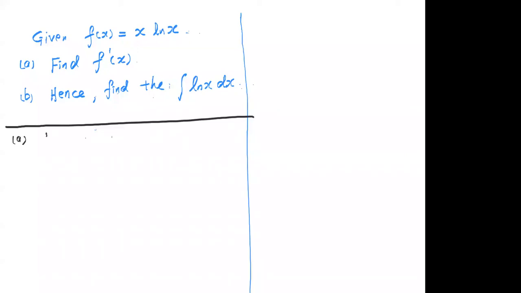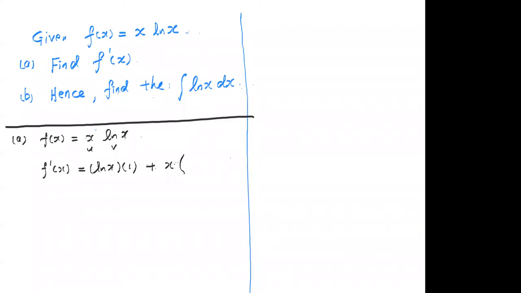So my f(x) is equal to x ln x. So this is my u, this is my v, right? So f prime x: usually if it involves ln, I will always bracket it up. v, u prime is 1, plus u v prime.